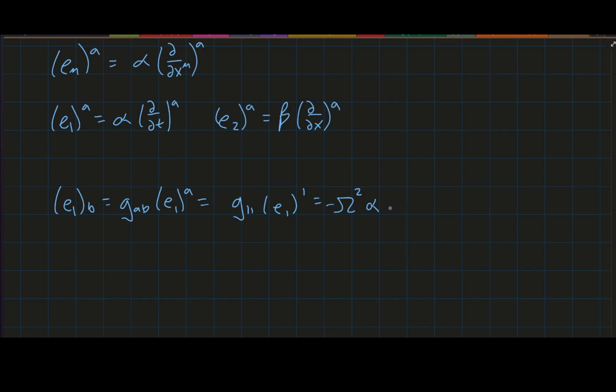Now, since we're lowering this, let me think. Yeah, instead of being d by dt for E1, because we're lowering the index, it becomes a dt. This is just a notation thing with the b down there.